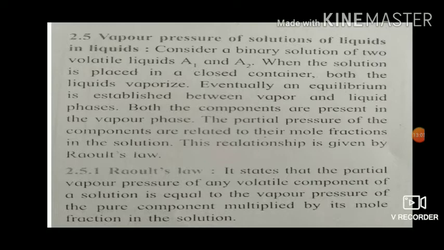For this, consider a binary solution of two volatile liquids A1 and A2. Volatile liquids means liquids which evaporate easily, whose boiling point is less, or less than 100 degrees Celsius.